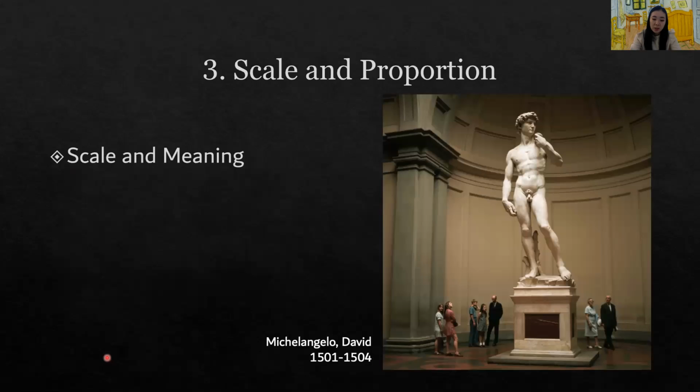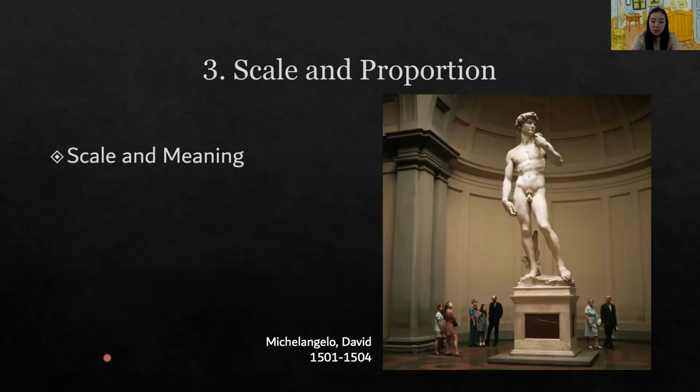This is the David statue from 1501 to 1504 by Michelangelo. He was one of the Renaissance masters and a rival of Leonardo da Vinci. This is a biblical episode, and Michelangelo depicted David in victory after a battle with Goliath.